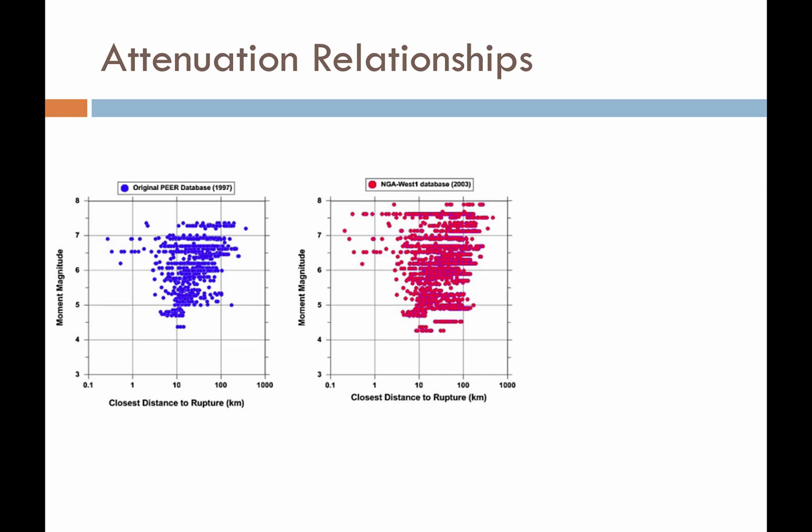I'm getting all this mixed up. This plot right here is before NGA. This plot right here is the plot that was given to the NGA West 1 teams. So you can see that there's not a ton of difference between that database and the pre-NGA databases that a lot of people were using.